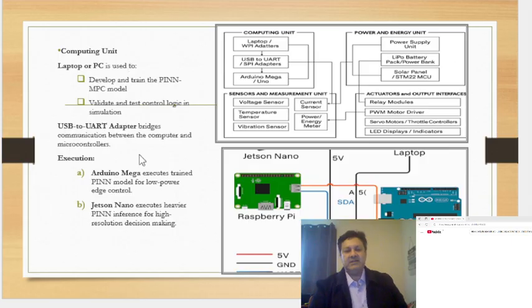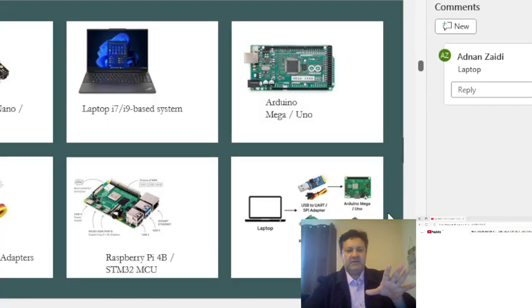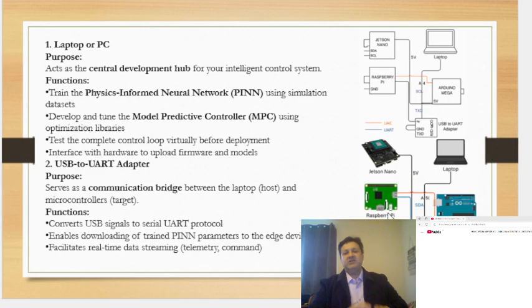The Arduino Mega is like this, and this is the USB UART being used, and the Raspberry Pi 4B. This is the whole structure: the laptop where the software model is connected with the Arduino through USB, and they are then all interconnected with the Jetson and the Raspberry Pi. It is not easy to understand at this moment, but later on we will talk more about the functions, how it works, and the purpose.